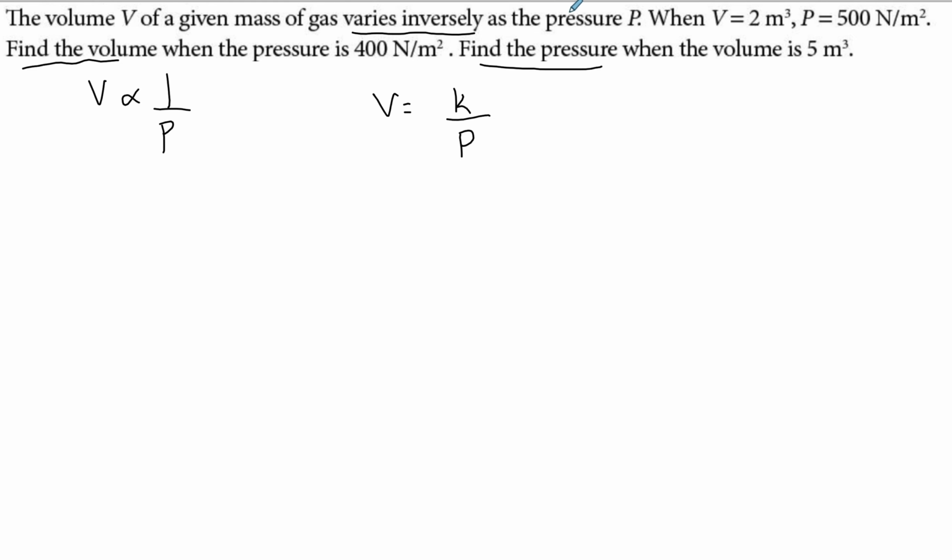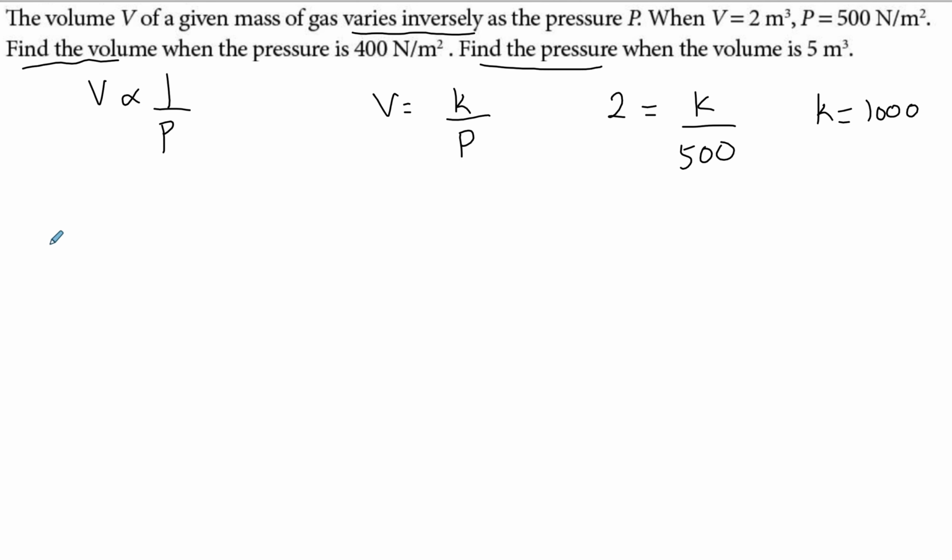And just be careful here that it doesn't say the square root of pressure or the square of pressure or anything, so it's just pressure. And then we substitute values in, and we cross multiply, so we have K equals 1,000.